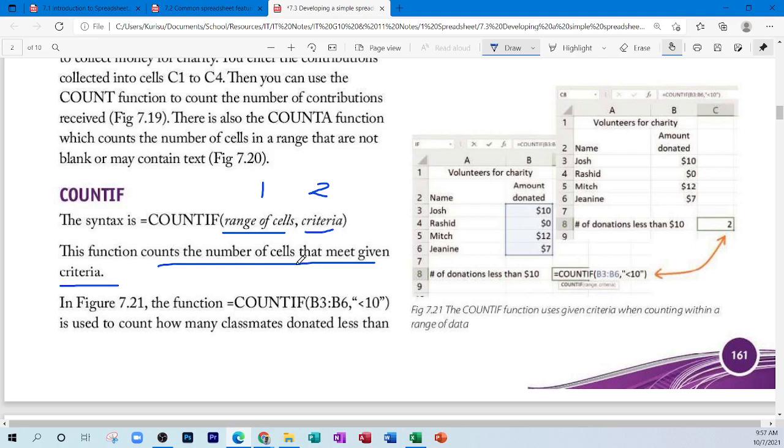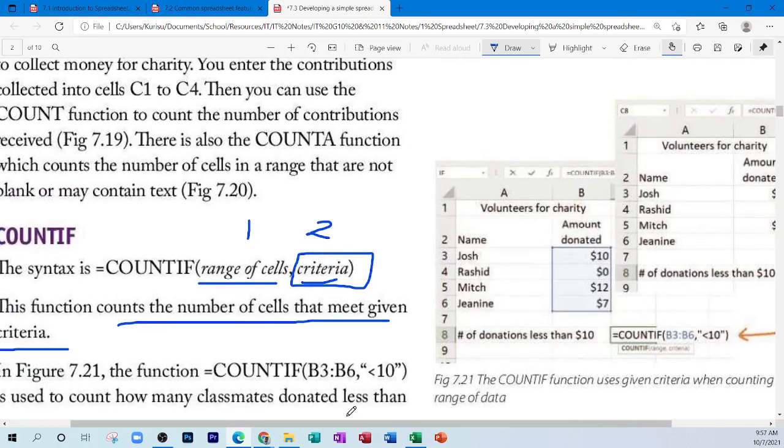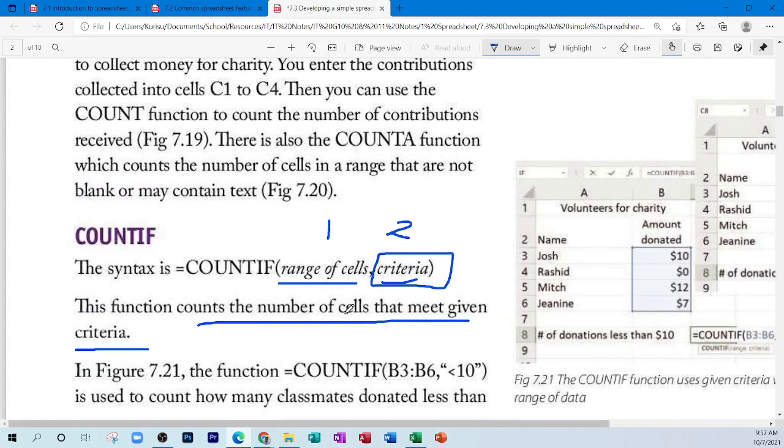I want you guys to take note of something. This word criteria. Does anybody know what criteria means? Or can somebody look at the definition and tell us what is criteria? Sir, it says a principle or standard by which something may be judged or decided.